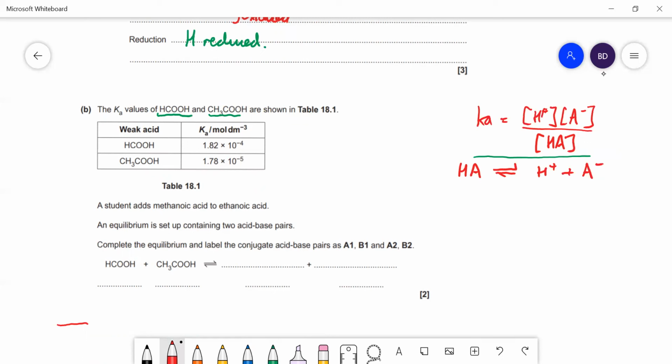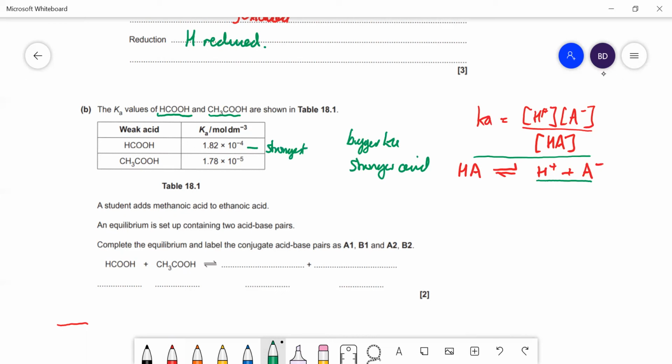And of course, if you've got higher concentrations of H plus and A minus, you've got more dissociation. So the bigger the Ka is, the stronger the weak acid. So we can see from that that methanoic acid, this one here, is the strongest.